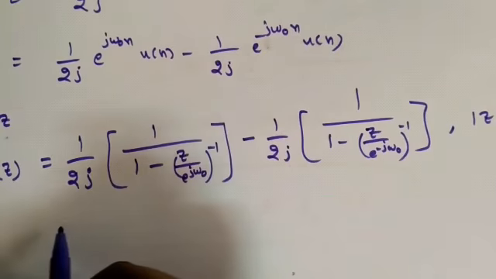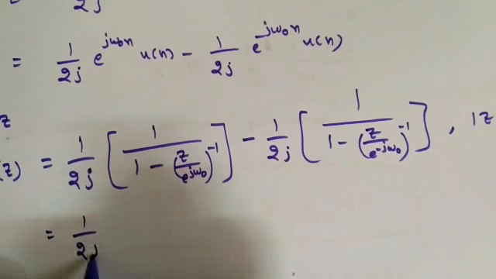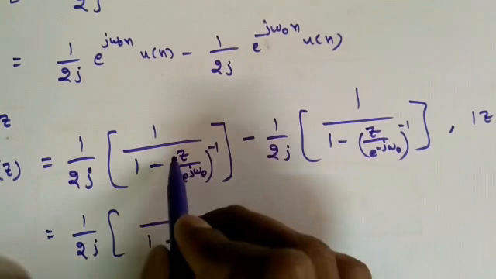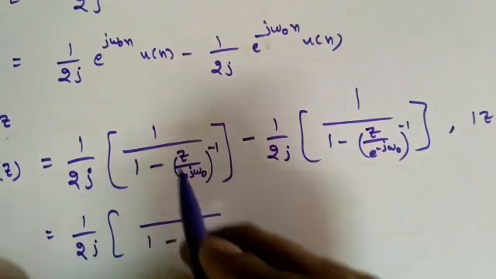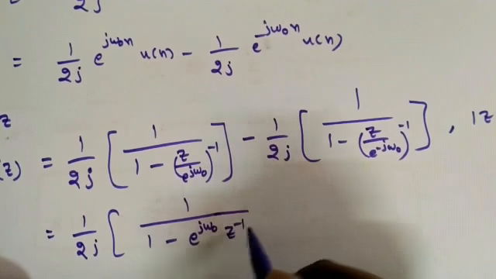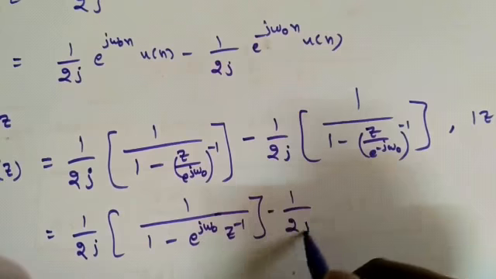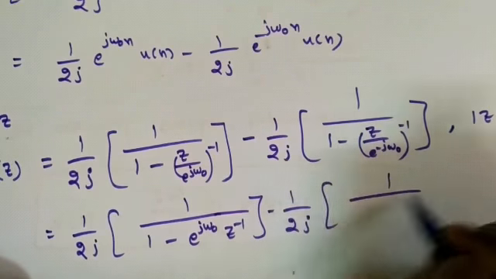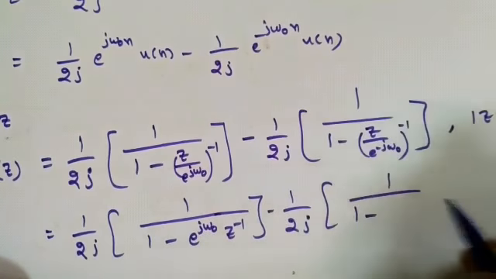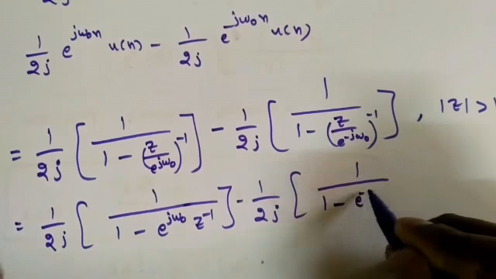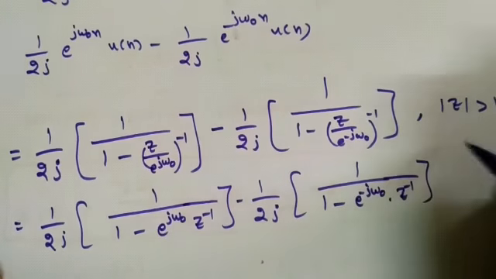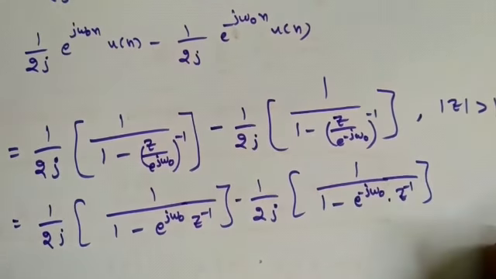Now we need to do only the simplification, so this will become 1 by 2j, 1 by 1 minus e power j omega naught z inverse, minus 1 by 2j, 1 minus, minus becomes plus, so plus into minus again becomes minus, e power minus j omega naught z inverse. So ROC will be same, that we will see in the last.